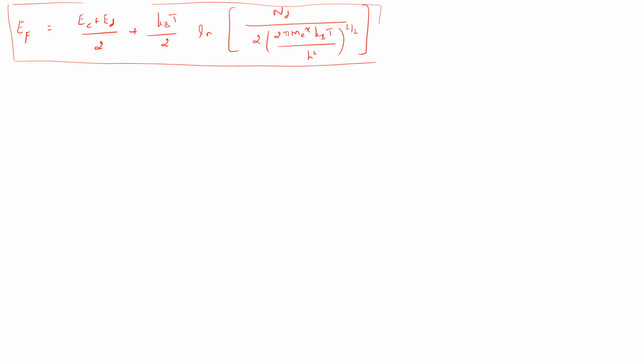Now I have to locate this Fermi energy in the energy band diagram. So let us draw the energy band diagram and try to understand where we find it difficult. The energy band diagram starts from minus infinity and goes up to plus infinity. Now we are in n-type semiconductor, so the majority carriers are electrons that will be present in the conduction band.